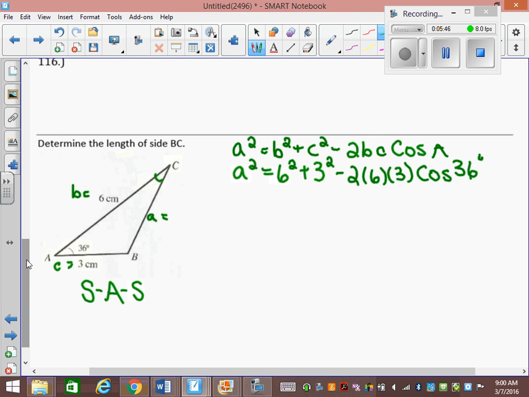Now it's in degrees, so you have to make sure your calculator is always in degree mode, right? When it resets, it goes to radian mode. You guys need to take advantage of the fact that it's always in degree mode, because next year that is not the case. Next year we are going to flip back and forth between radians and degrees. So take full advantage and happiness in the fact that yours is only in degree mode.